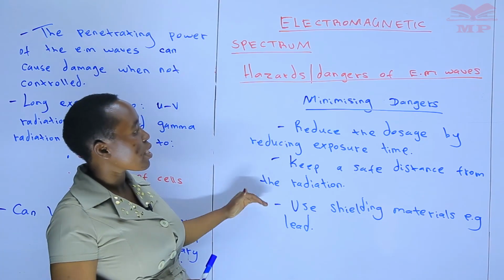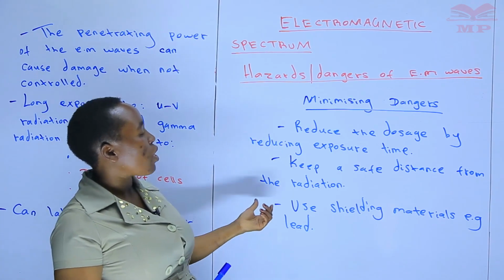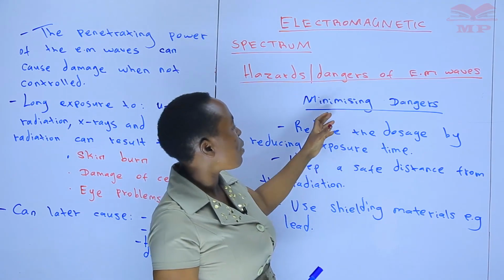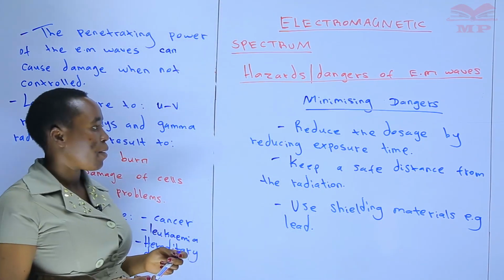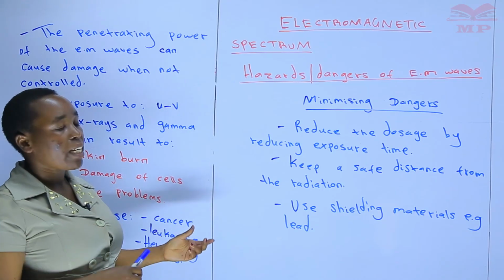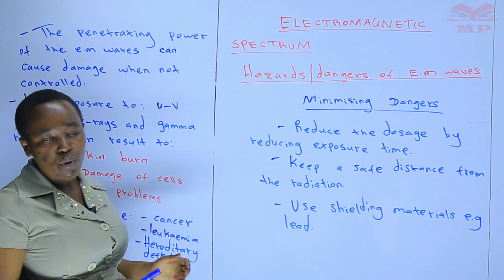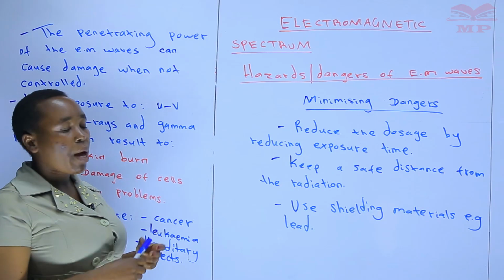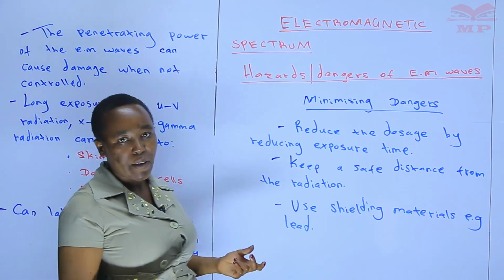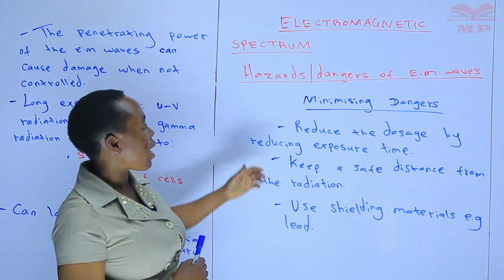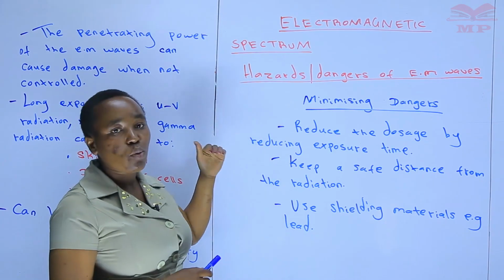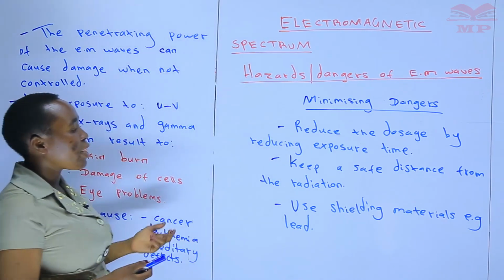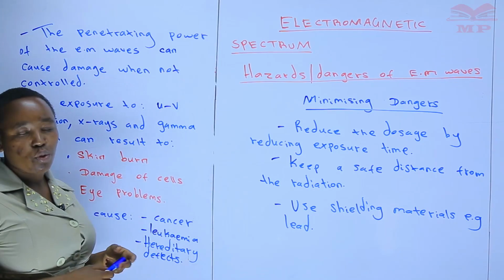So those are ways in which we can minimize the exposure, or minimize the dangers of the electromagnetic waves. Because we have seen that despite the fact that they have so many uses which we apply in our day-to-day lives, when they are not used in a controlled amount, they can lead to various dangers, and therefore it's always good to control them.